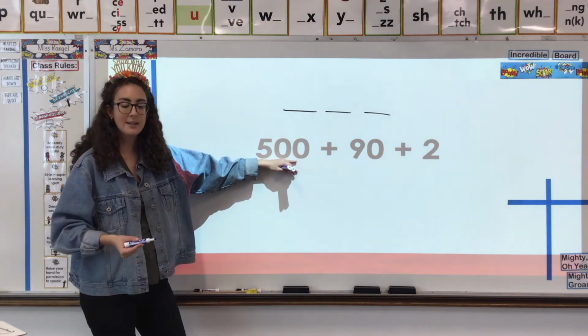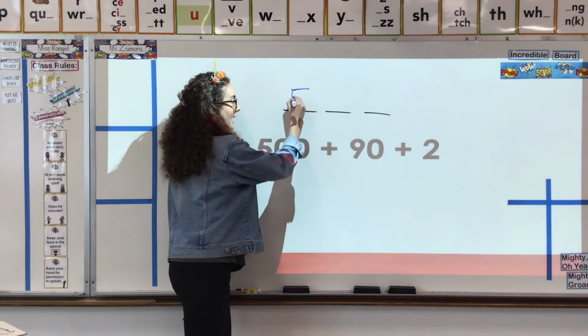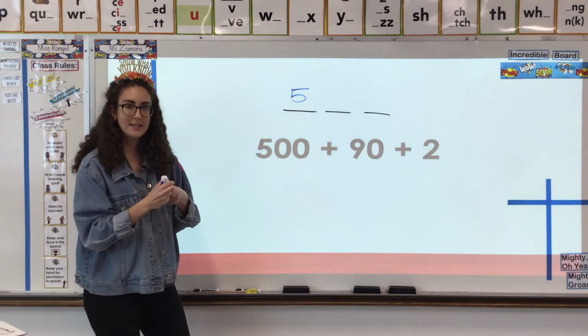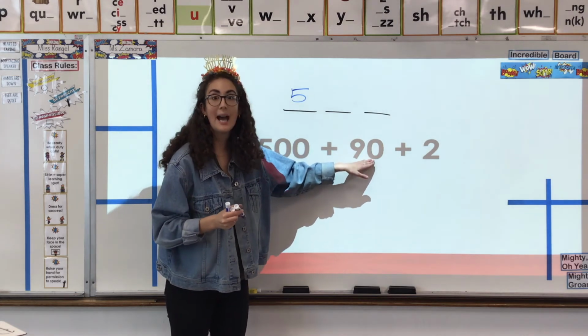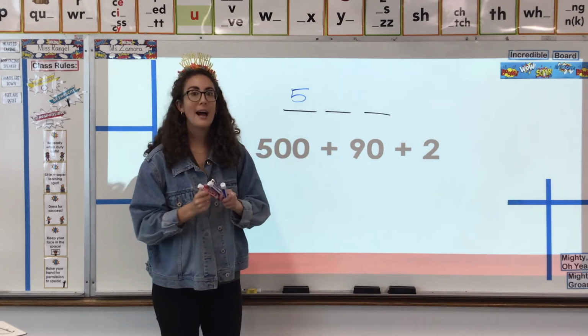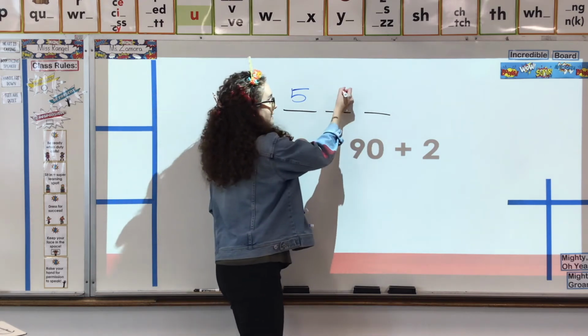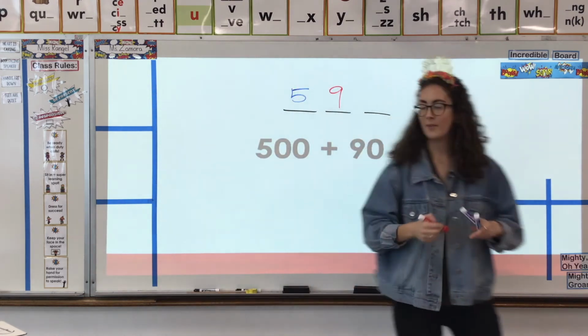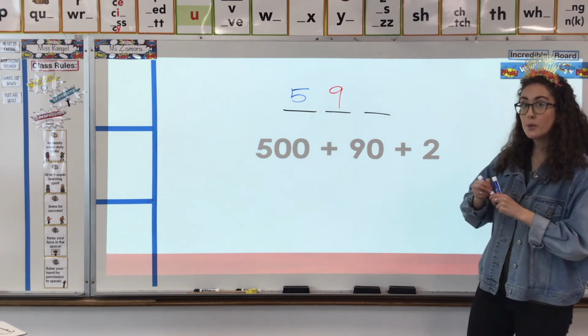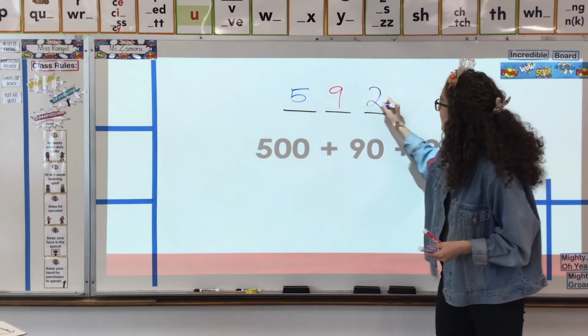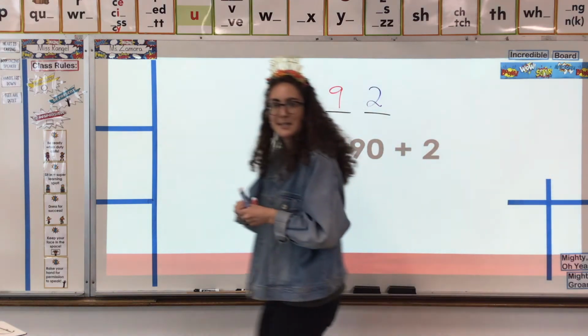5 hundreds is going to have a 5 in the hundreds place. 90 or 9 tens will have a 9 in the tens place. And then 2 is just 2 ones, which will be in the ones place.